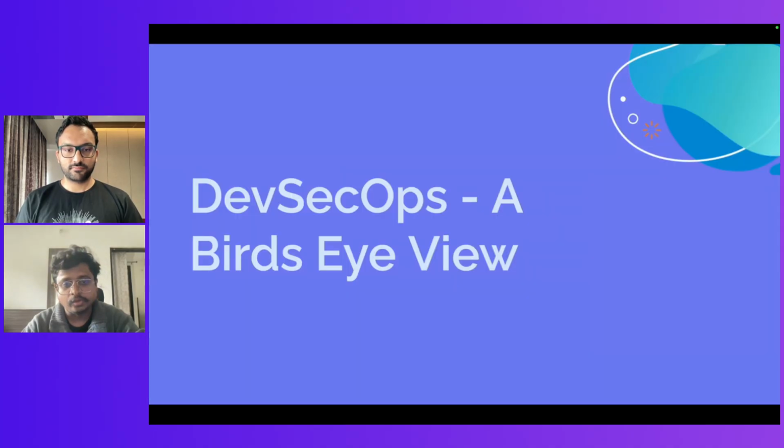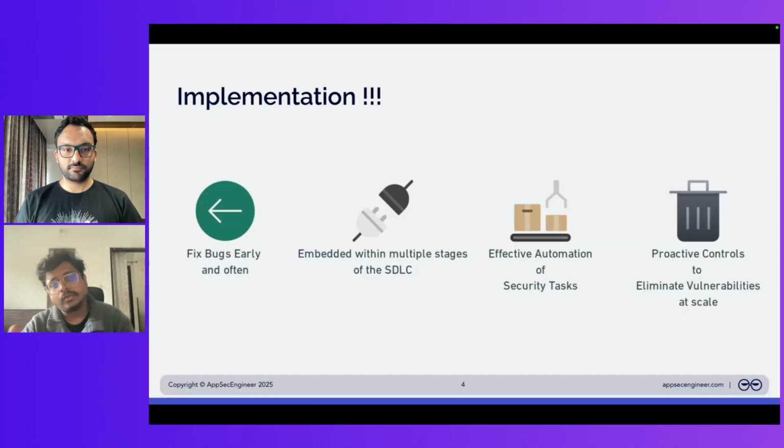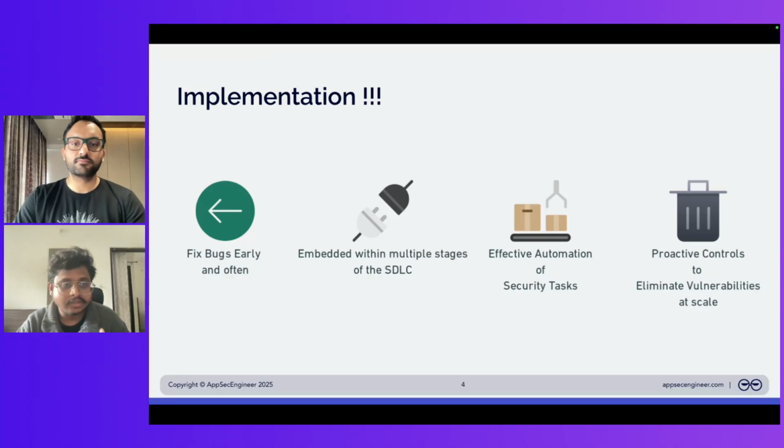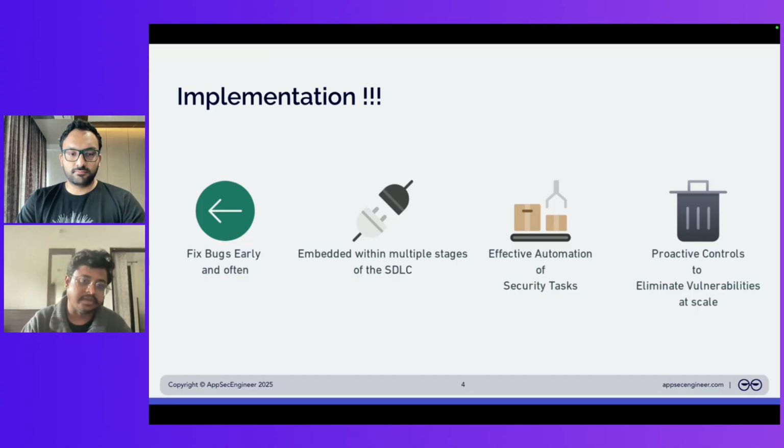We're going to see the bird's eye view of DevSecOps now. Implementing the security measures in each and every phase of your software development lifecycle is known as a DevSecOps implementation. The main objective of implementing these security measures in each phase of the SDLC is to achieve the shift left approach.